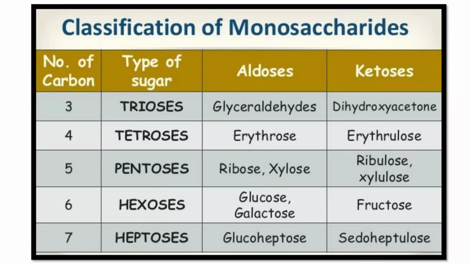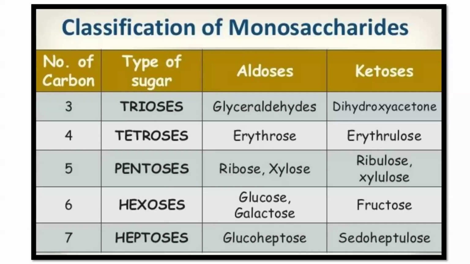Then another type of monosaccharide based on carbon number: we have tetroses, those that have 4 carbons. Examples of sugars with 4 carbons: under aldoses, we have erythrose, and then we also have erythrulose, which is another example of tetroses, but under ketoses. Then under pentoses, we have ribose sugar, which has 5 carbons.